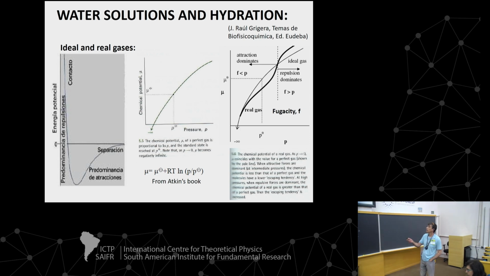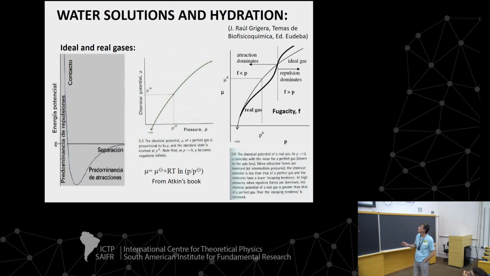When you have an ideal gas and a real gas, the difference is that for the ideal gas the chemical potential depends on pressure. But when you have a real gas, you have interactions. When you have interactions, we have to define fugacity, which is some kind of effective pressure.